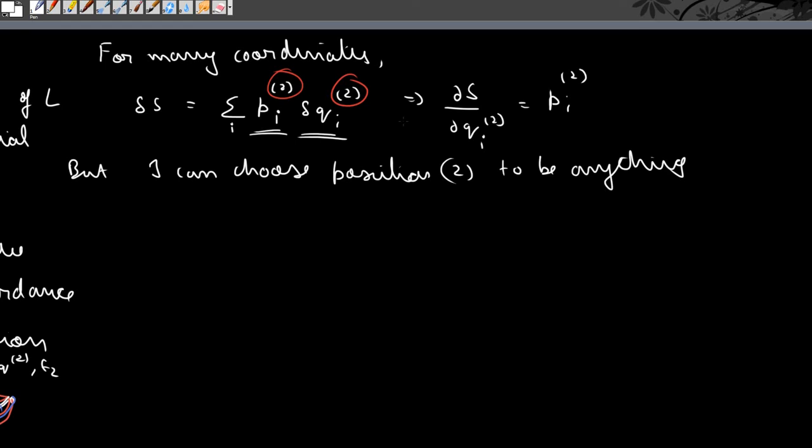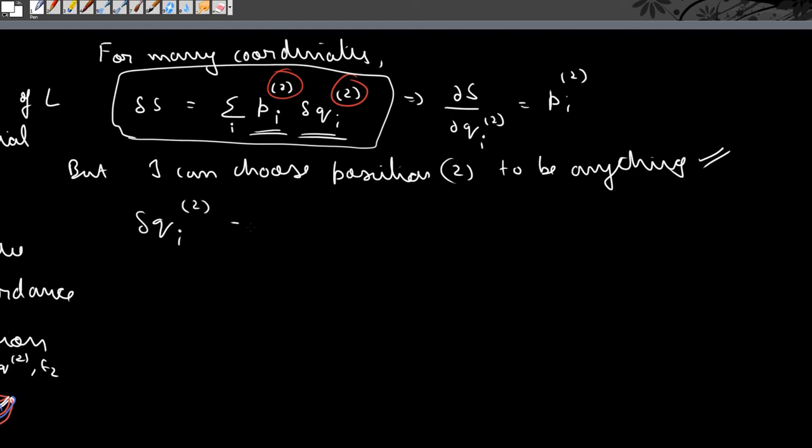I can choose any value, and corresponding to that I can find a particular path which minimizes our action, and from there I can find a variation in the action by varying our endpoints slightly, and such a variation is expressed in this manner. Because of this, we can just use the notation del qi and pi of 2 as just pi.